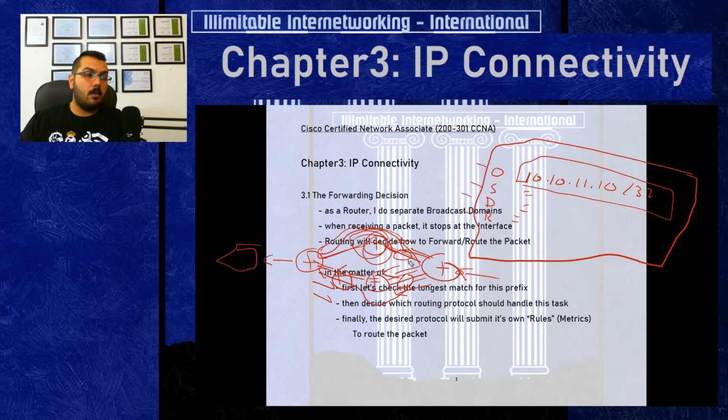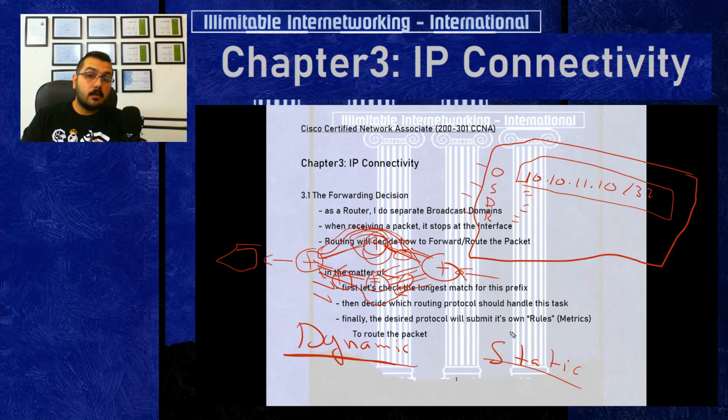Okay, but now you have this criteria of more than a single path: which one should I use? All of this that we are talking about happens only with the dynamic routing protocols. Because in static routing, you by yourself assign and route the packet and the subnet or the prefix from a specific destination.